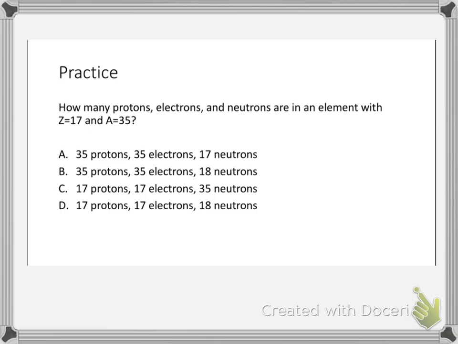All right, so this says how many protons, electrons, and neutrons are in the element with Z17 and A35. Okay, so one thing you have to remember to answer this question is that Z is the atomic number, and that's the number of protons.